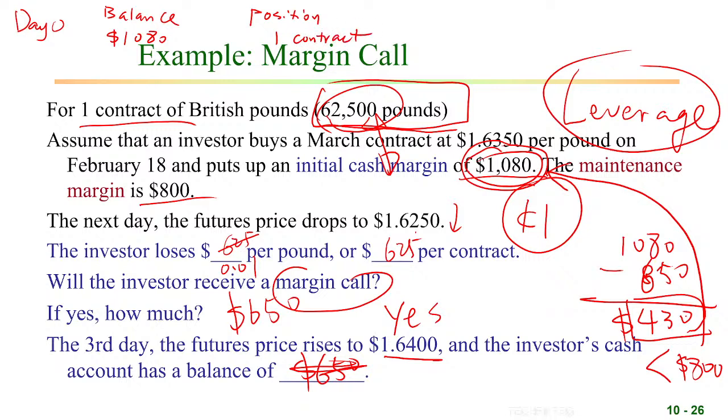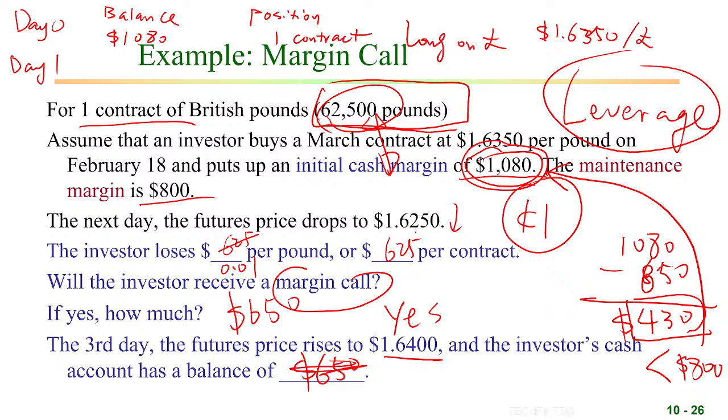You are long on pound. So if the pound price exchange rate goes up, you gain. If it goes down, you lose. And the exchange rate is 1.625 or 635 per pound. And then day one.